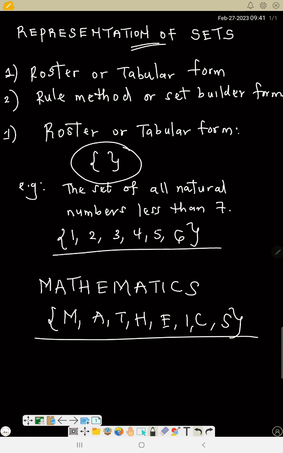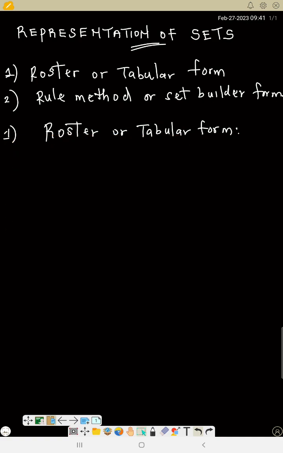The other form, number 2, is the rule method or set builder method. But first, note that in a set notation, order is not important. The set of all factors of 50 can be written as 1, 5, 10, 2, 50, 25.